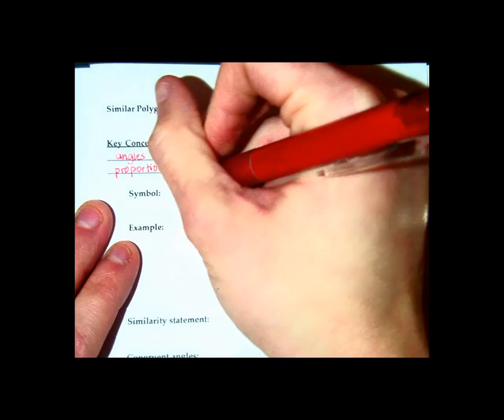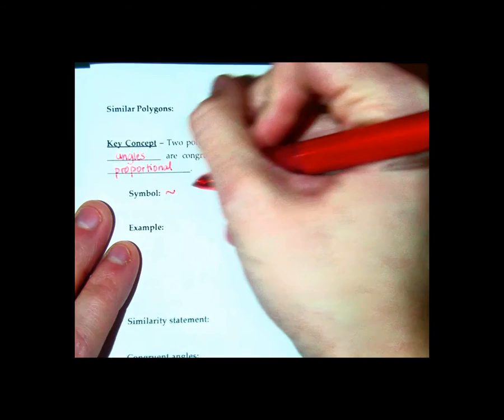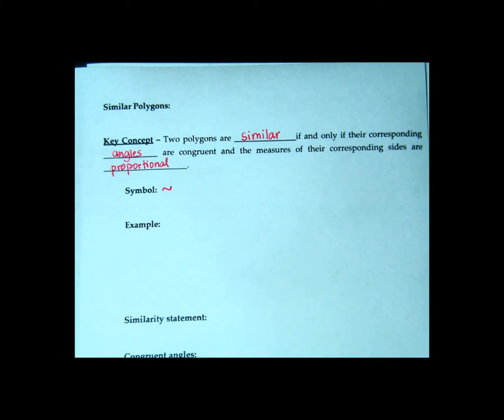The symbol for similar is like a little tilde in Spanish. It's like the congruent symbol, but it doesn't have the equal underneath.